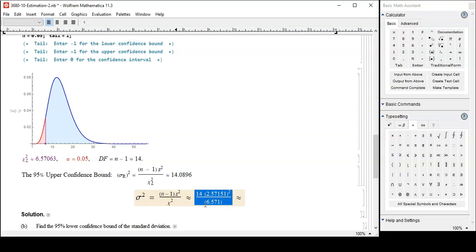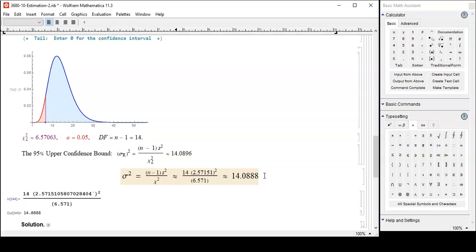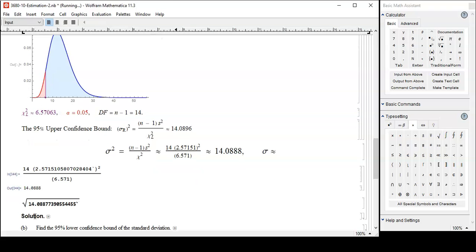All right. Let's run the calculation. If you do that, you're going to get 14 point something. And therefore, the sigma value that you're looking for is going to be approximately the square root of this, 3.75 something.